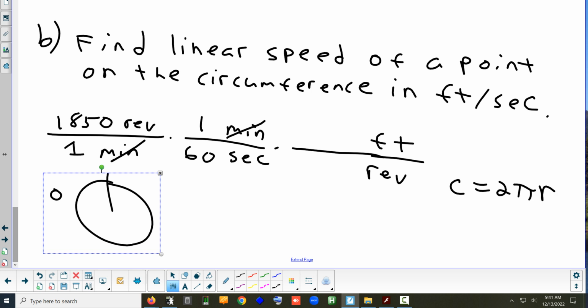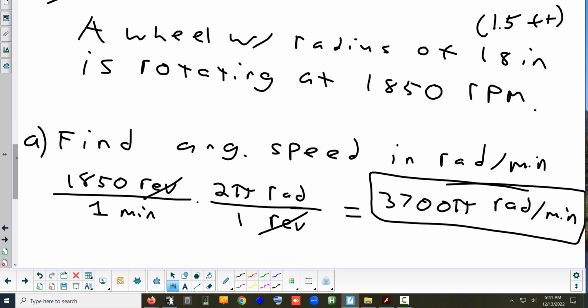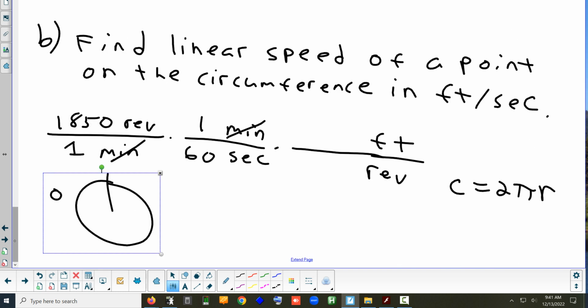To find the length of one revolution of a circle, that's the circumference. And in this case, the circumference is 2 pi r. What was my radius of this circle? Yeah, 1.5 feet.